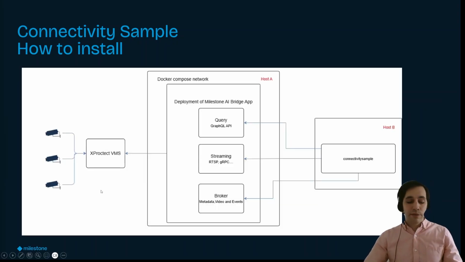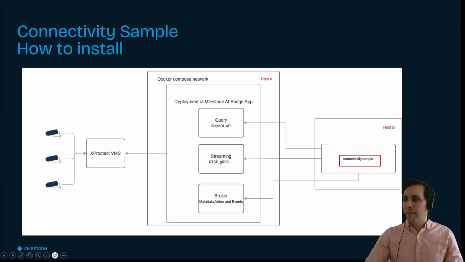Let's take a look into this diagram to showcase what happens when connectivity sample runs as a standalone binary. Since the connectivity sample in this scenario is running on a host which is different from the host that is running the AI Bridge, in this case, it could be a Compose or a Helm chart installation.